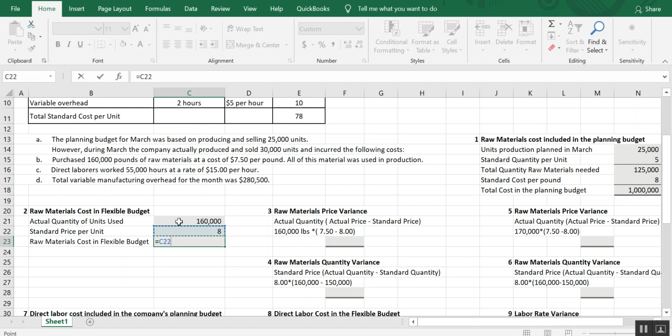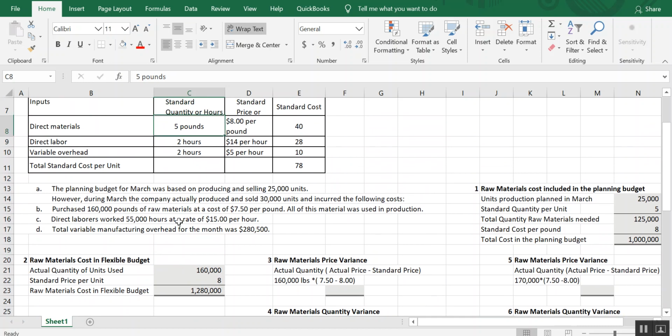So we're just going to take that standard price times our actual usage, and we get $1,280,000. Okay? So that is the flexible budget based on our actual quantity used and the same standard rate that we used in the planning budget.